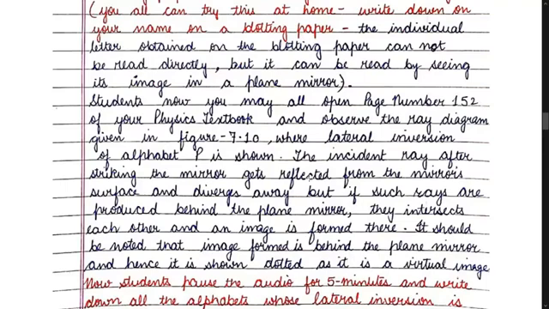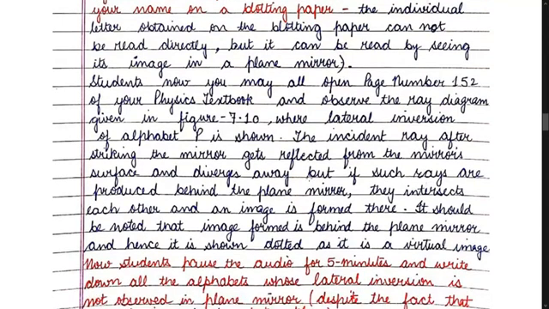Students, now you may all open page number 152 of your physics textbook and observe the ray diagram given in figure 7.10, where lateral inversion of the alphabet P is shown. The incident ray, after striking the mirror, gets reflected from the mirror's surface and diverges away.